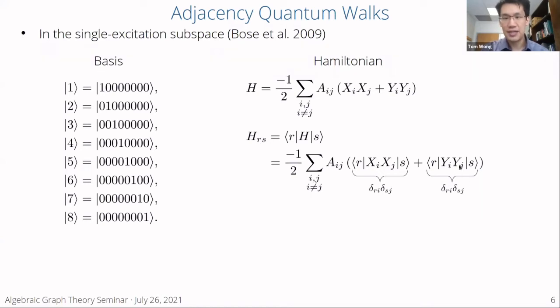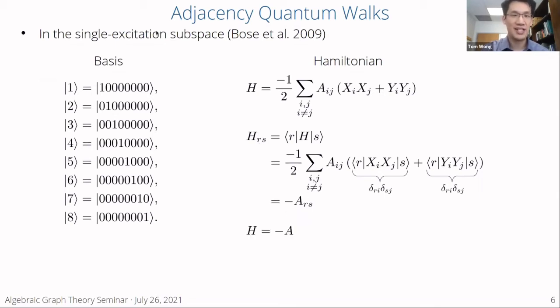Basically, your phases end up canceling out, and so you get another 1. And so what you get then is that when R is equal to i and S is equal to j, this becomes 2, which cancels out with the 2 in the 1/2. So you get a minus times the adjacency matrix. So basically, the Hamiltonian is just equal to the minus of the adjacency matrix.